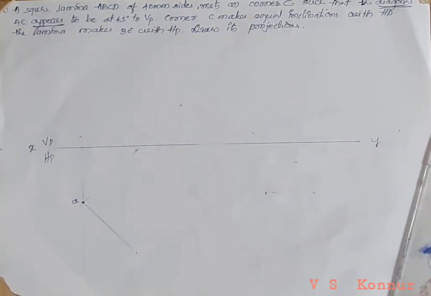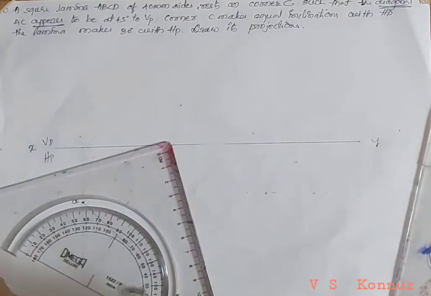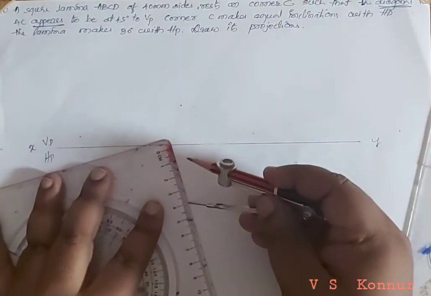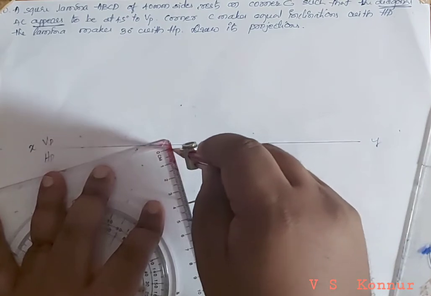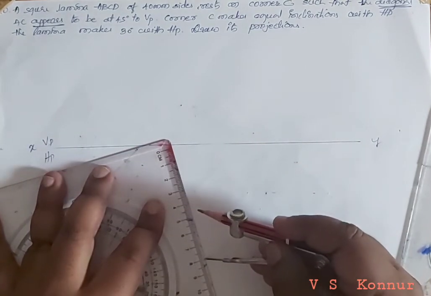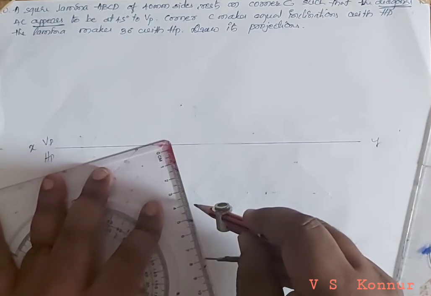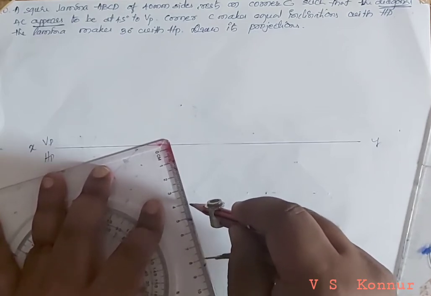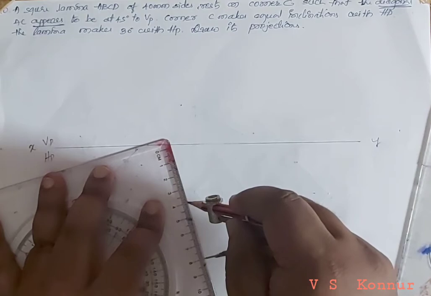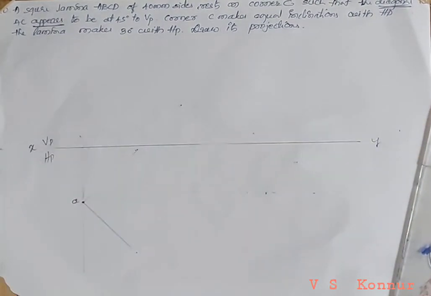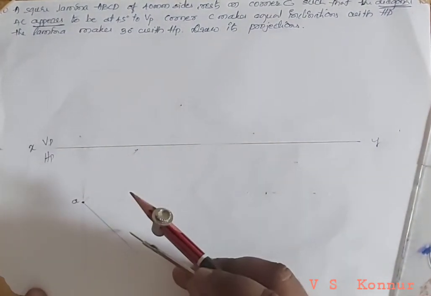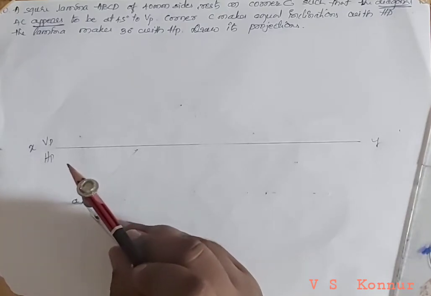Then take distance of 40 mm. From the scale you should take distance of 40 millimeter. So take distance of 40 mm and cut on both the side.